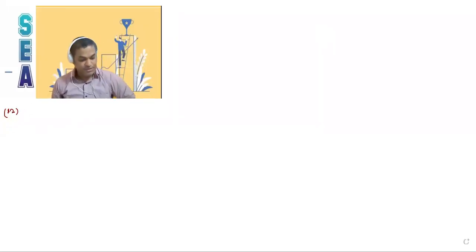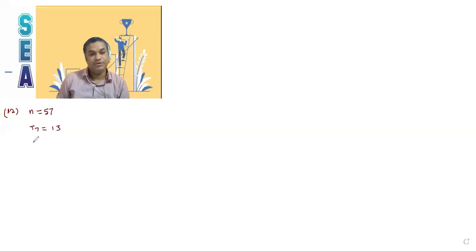Sure. So question number 12 says that the AP consists of 57 terms. So n is 57 here. Total number of terms are 57, of which the seventh term, that is T7, they are saying is equal to 13.